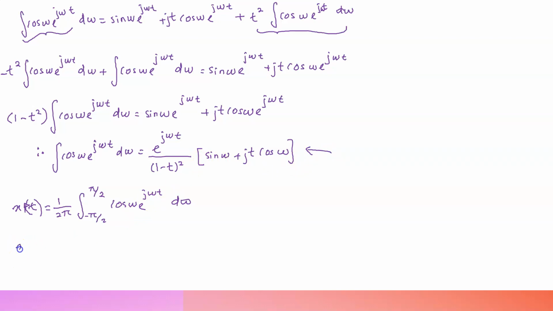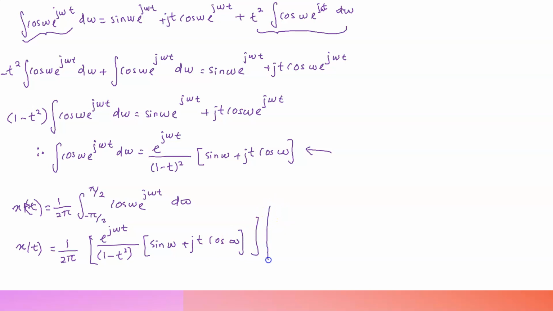You will get x of t equals 1 over 2 pi, multiplied with e^{jωt} over 1 minus t square, sine omega plus jt cos omega, integrated from minus pi over 2 until pi over 2.